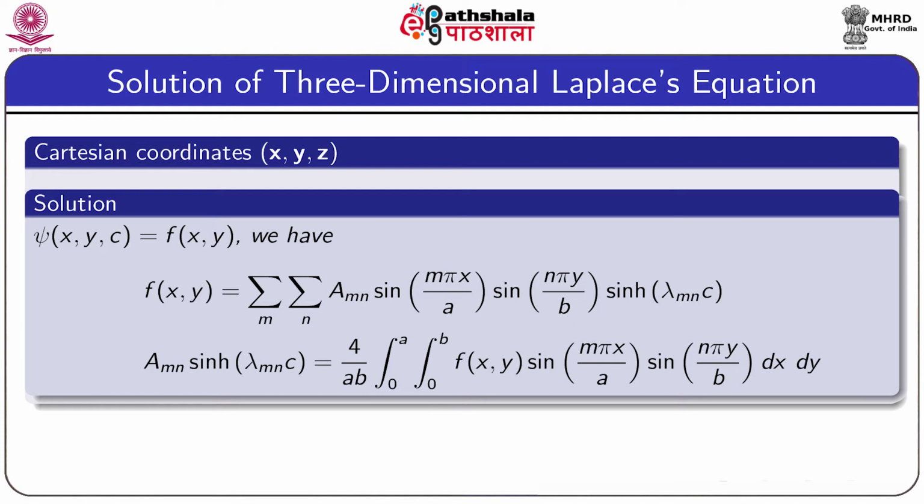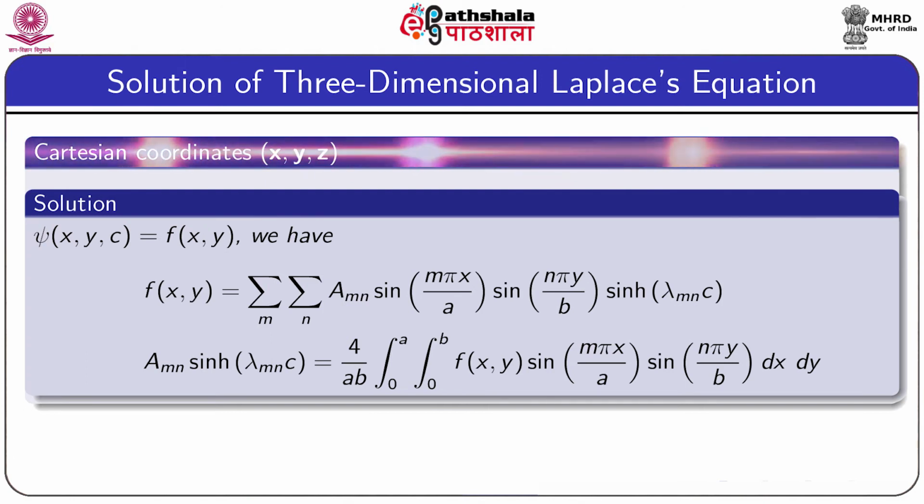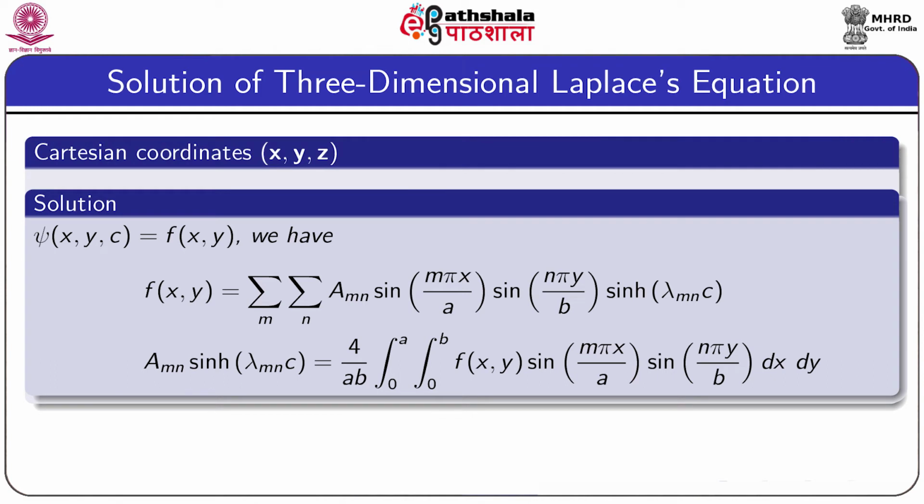So, if you see this expression, you can see that this is a very well-known series, and this is called the double Fourier series. So, the coefficients A_mn can be obtained in this way. We have to multiply this series with sin(mπx/a) sin(nπy/b) on both sides, and then integrate over 0 to a and 0 to b.